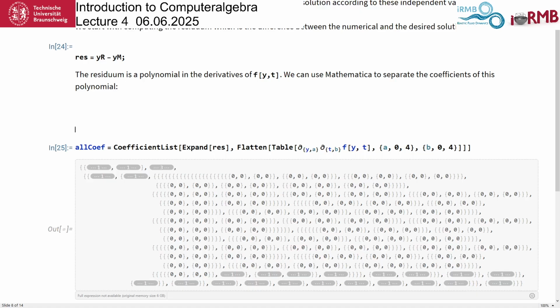So let's try to understand the coefficient list. Say we have a polynomial a plus b times x plus c times x squared, some polynomial.